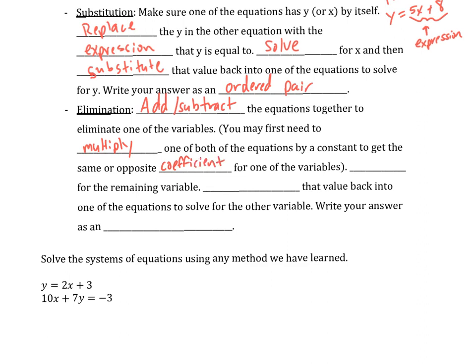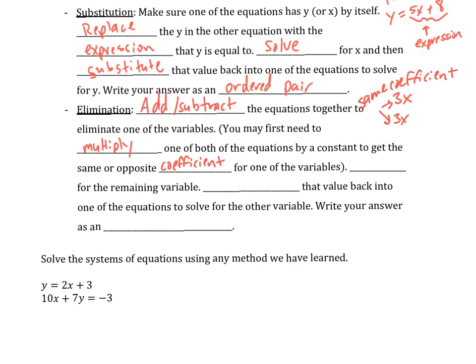Remember, that's the number that comes right in front of the variable, for one of the variables. So for example, you want to have 3x and 3x. These would be the same coefficient. And then we could subtract those equations to eliminate the x.